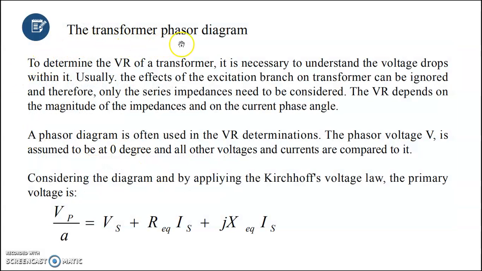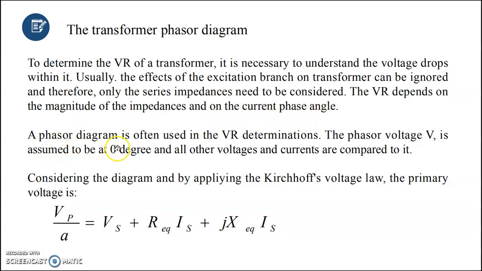Next, the transformer phasor diagram. To determine the voltage regulation of a transformer, it is necessary to understand the voltage drop within it. Usually, the effect of the excitation branch on transformer can be ignored, and therefore only the series impedance needs to be considered. The voltage regulation depends on the magnitude of the impedance and on the current phase angle.